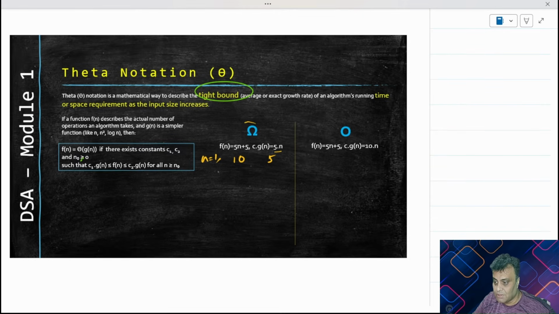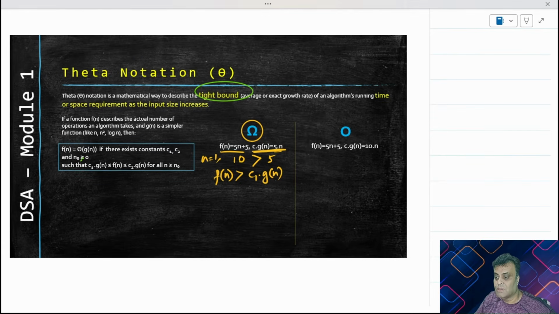Because this is omega, can we say that c gn is below our fn? We are trying to see omega, right? c gn has to be below. We are talking lower bound. So c gn is below, yes. So we have proved that fn is greater than or equal to c1 of gn.